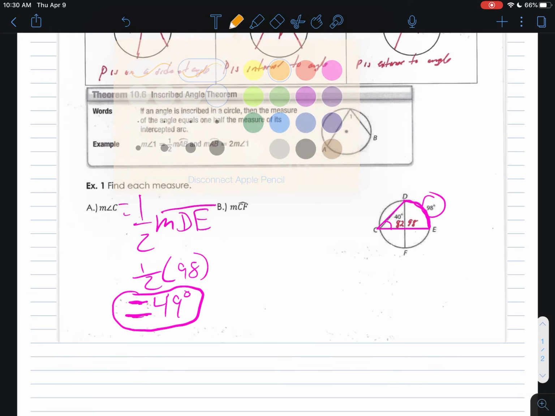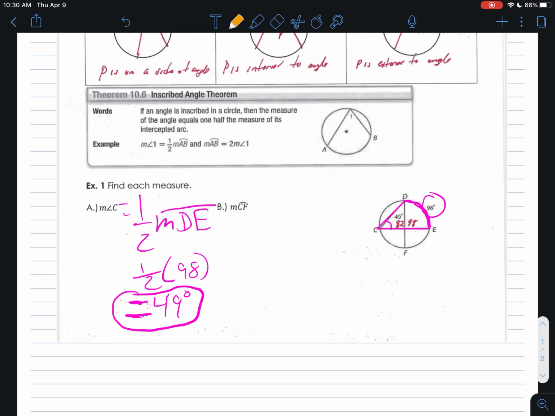Now, go with orange. We're looking for the measure of arc CF. So that's going to be this one right here. What we have to understand is when we look at this right here, notice when we connect these, we have this 40 degrees right here. All we have to understand is that this is going to be 2 times 40.